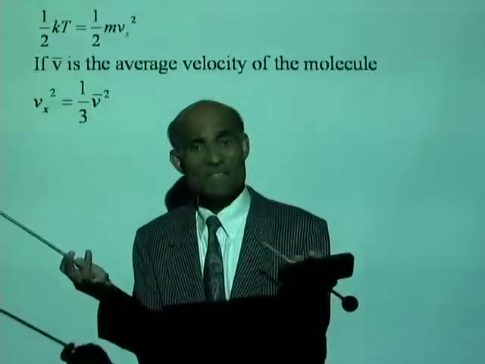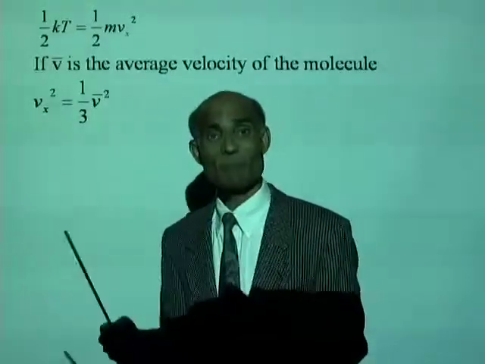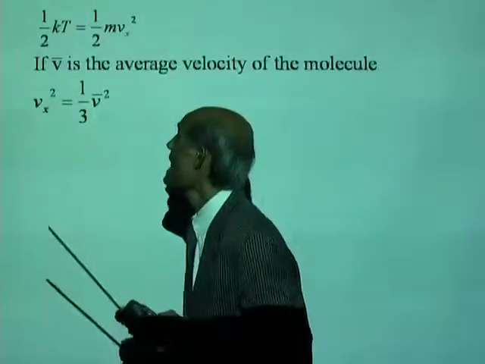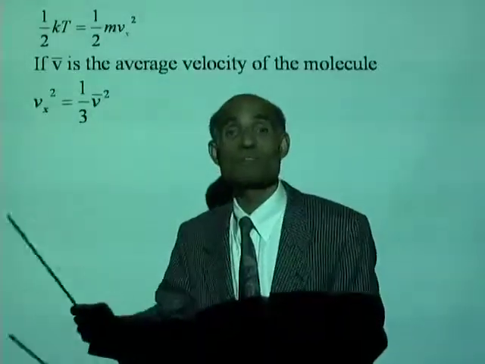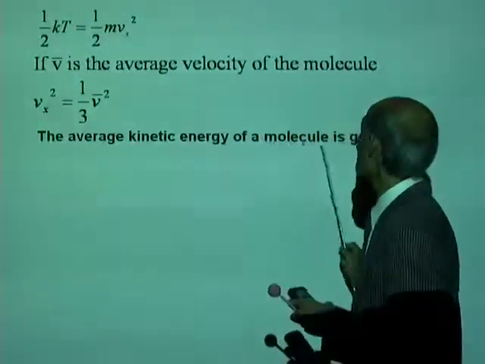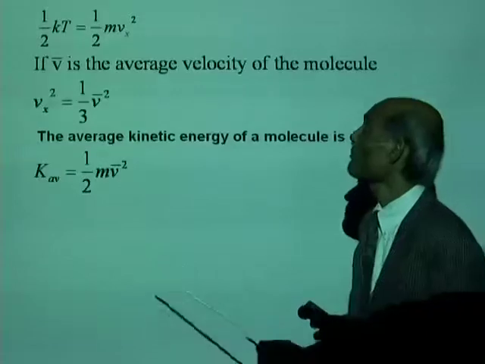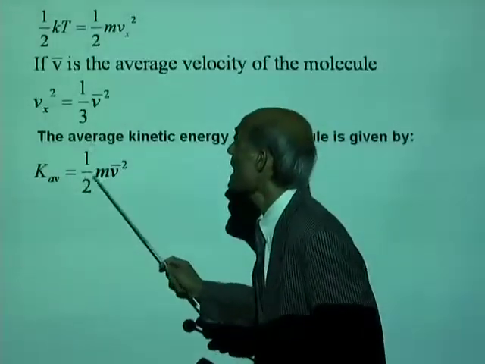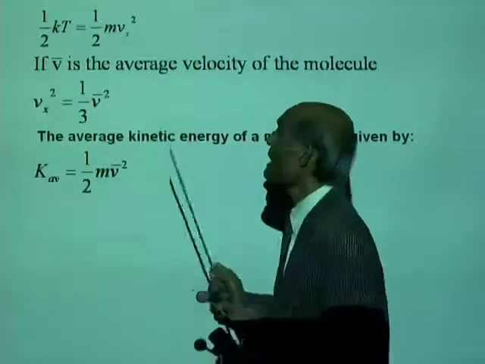Does that assumption make sense? I think so. So this vx squared can now be replaced as 1/3 v bar squared. The average kinetic energy of a molecule, therefore, is given by K average equals 1/2 m v bar squared.